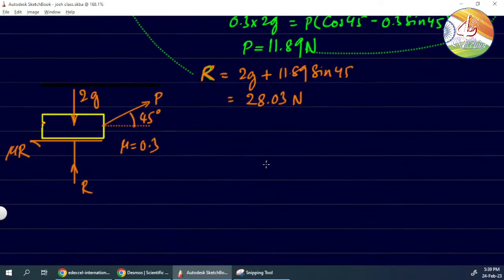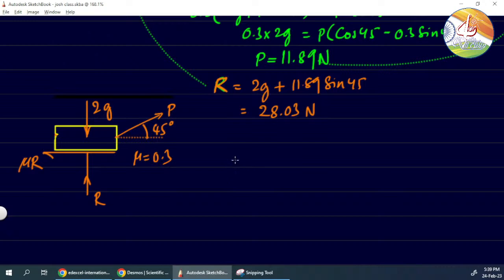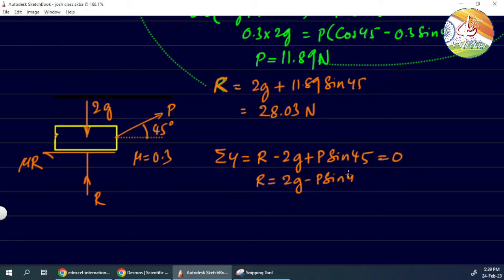Again we take sigma y. R is acting upwards, 2g is acting downwards, and P sin 45 is acting upwards, so plus. This total should be 0. So R will be 2g minus P sin 45.